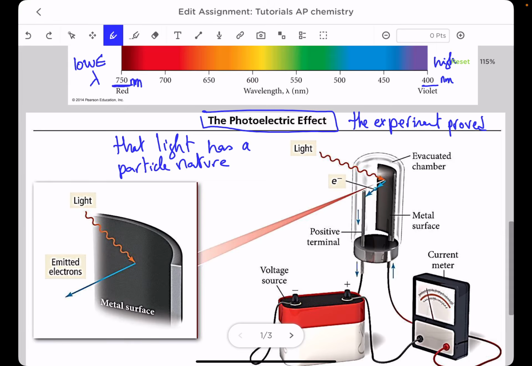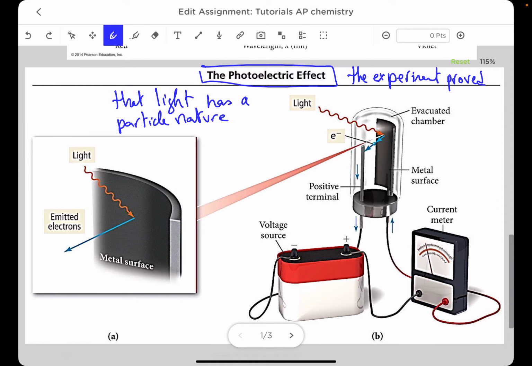And what does it say? What's the outcome of this experiment? It says that metals emit electrons. This is a metal. A metal can throw out an electron when light shines upon it, of course, a light with proper enough energy.